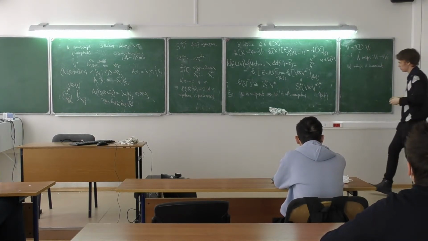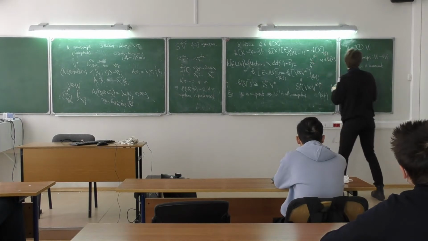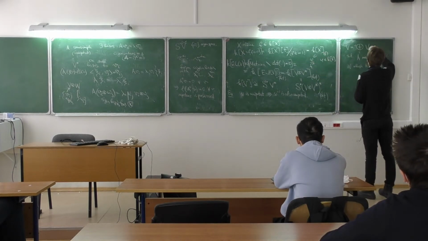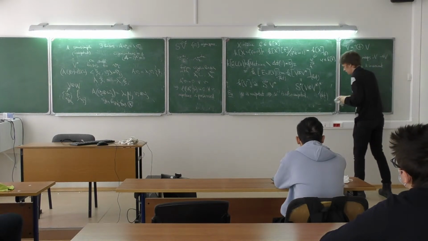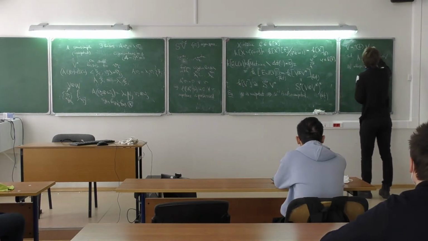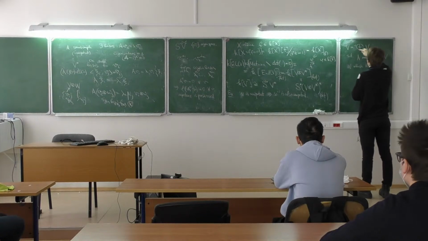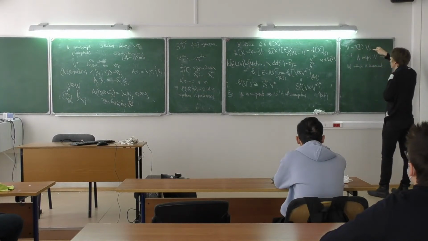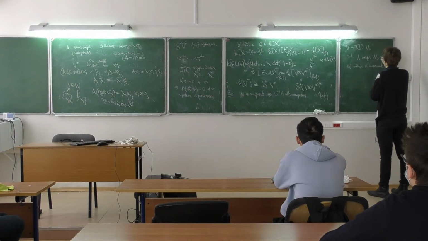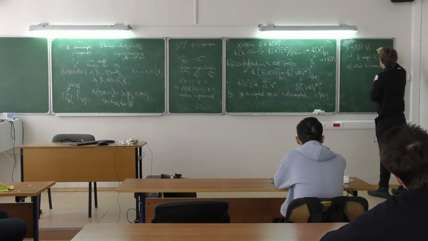Let me put it for eigenspaces. Let us decompose V into the direct sum of V lambdas, where A acts on this space by mapping v into lambda v.